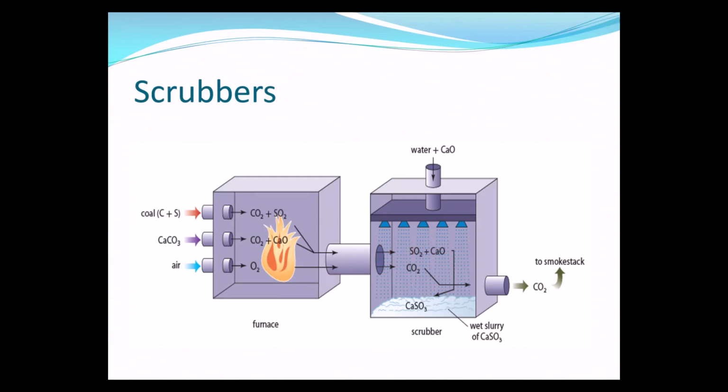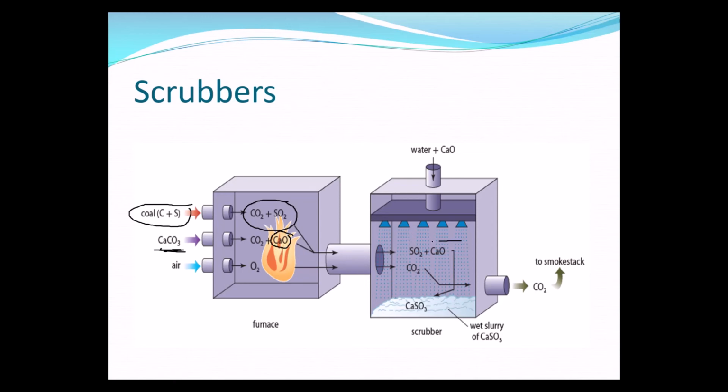So this is an actual way that works. These are called scrubbers. When you have coal, it gives you carbon and sulfur, and you burn it, so you make CO2 and SO2. What they add to it is calcium carbonate, really similar to the limestone, right? Same idea, but this time they burn it and it creates calcium oxide.